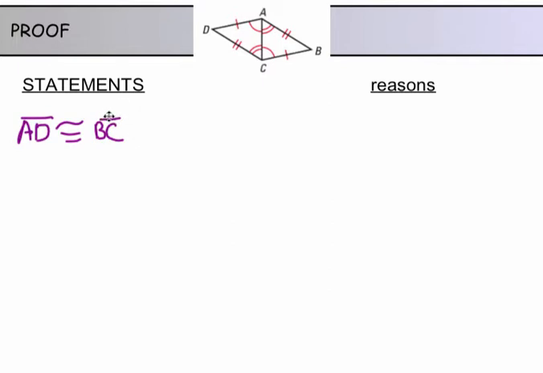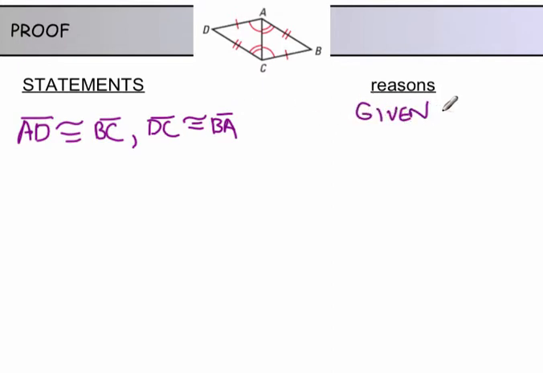We know that because both of those have one line on them. Then we look at the one with two lines. That would be line segment DC is congruent to line segment BA, or AB, you could say it either way. And how do I know that? Again, this is given.